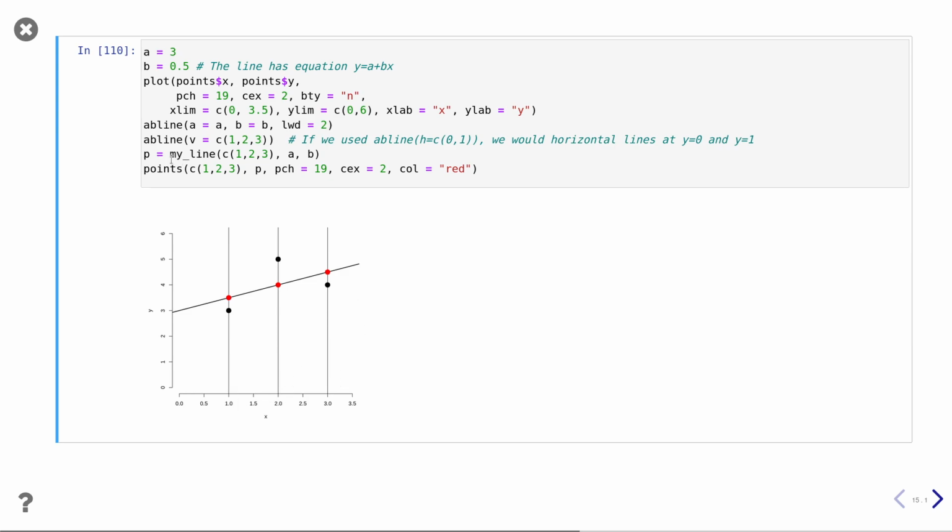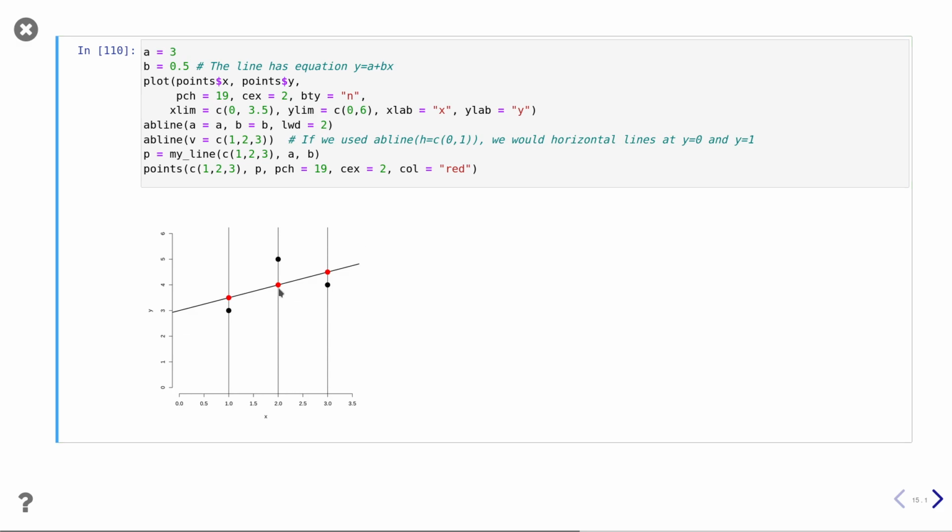What this does is compute the value y equals a plus bx, with a equals 3 and b equals 0.5, at x equals 1, 2, and 3. I'm just storing this in p. And now I'm plotting it: at the x values 1, 2, 3, p, as big red dots.